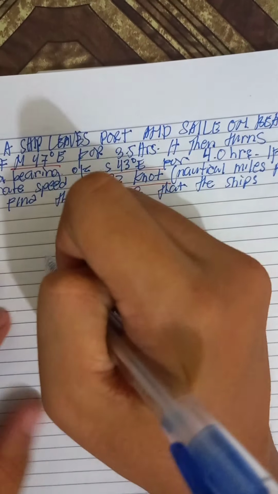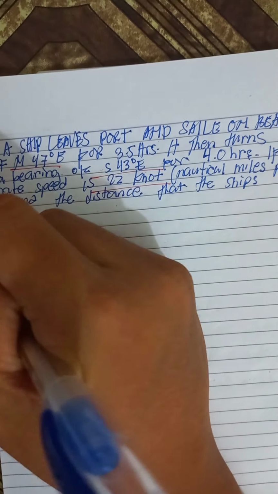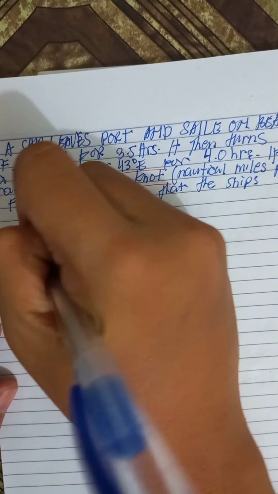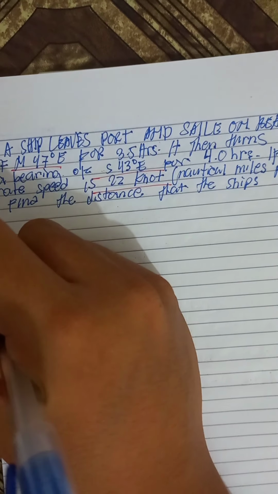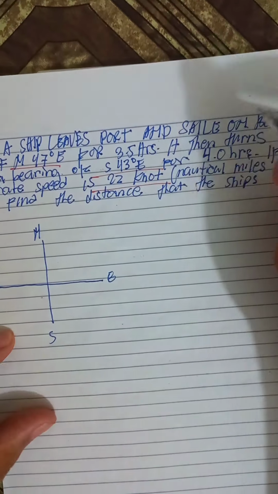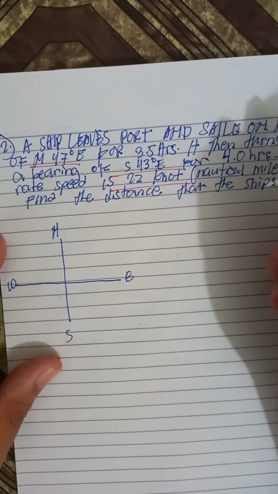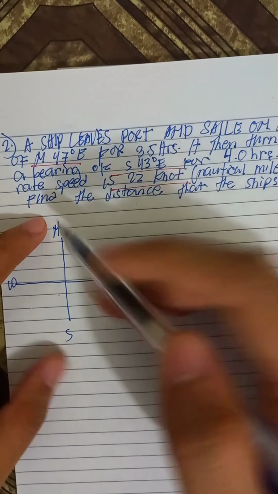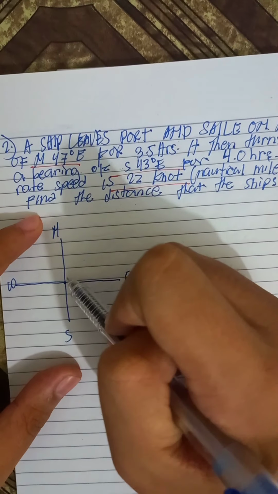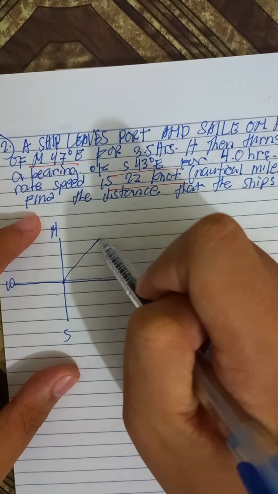So first we have to draw the north, south, west, east. So the north is from 47 east, 47 east.